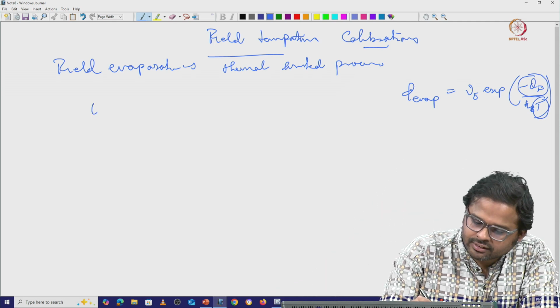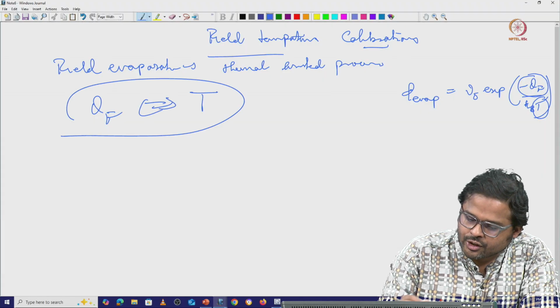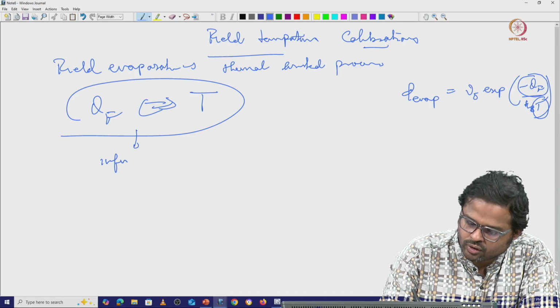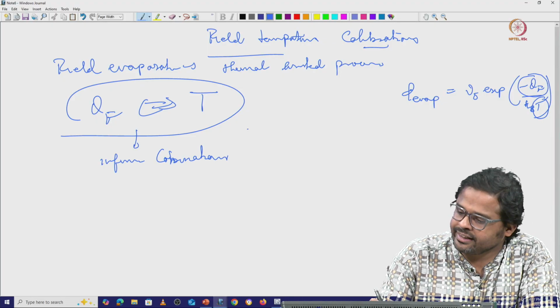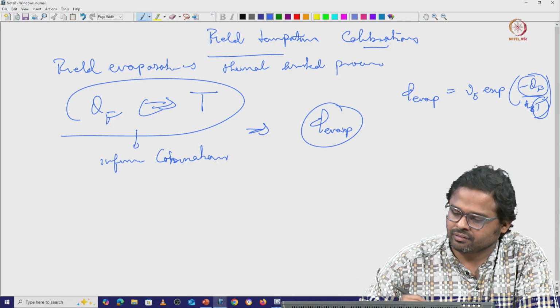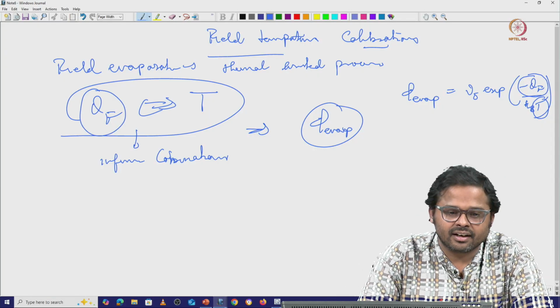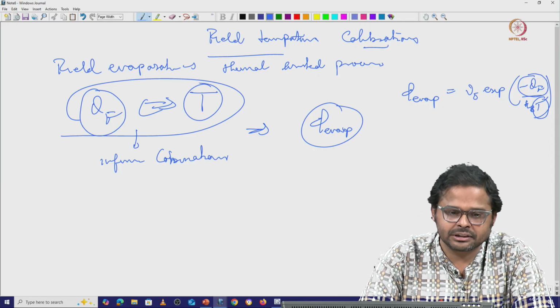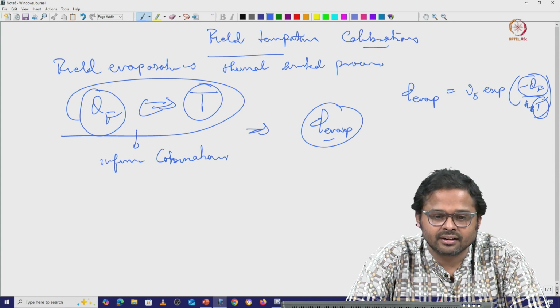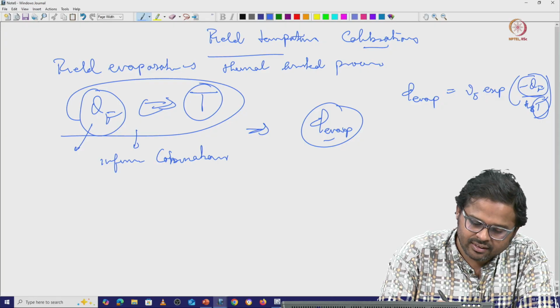Okay, based on these two values, you can have infinite combinations so as to make a constant field evaporation rate, correct. So you can choose different QF and different temperature values such that your evaporation rate is constant. How to change the QF value? It depends upon your applied electric field.